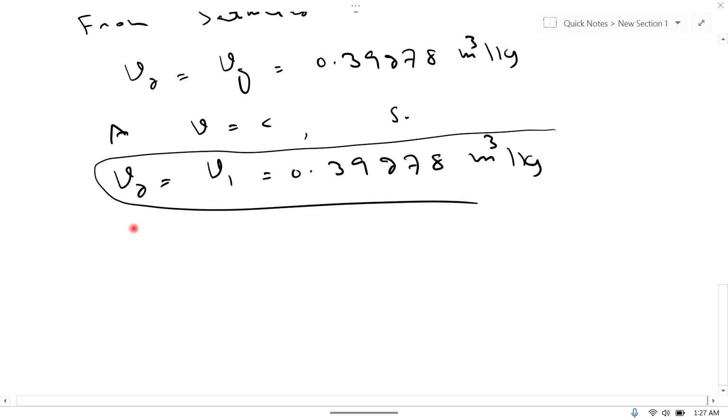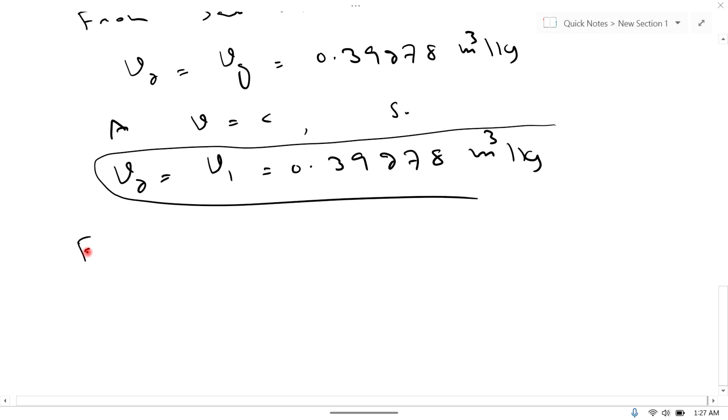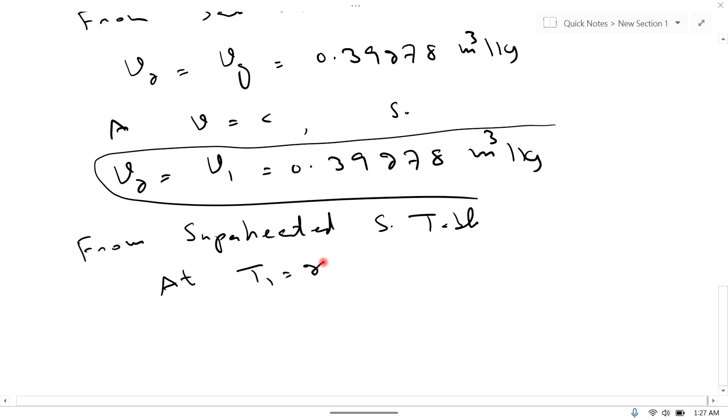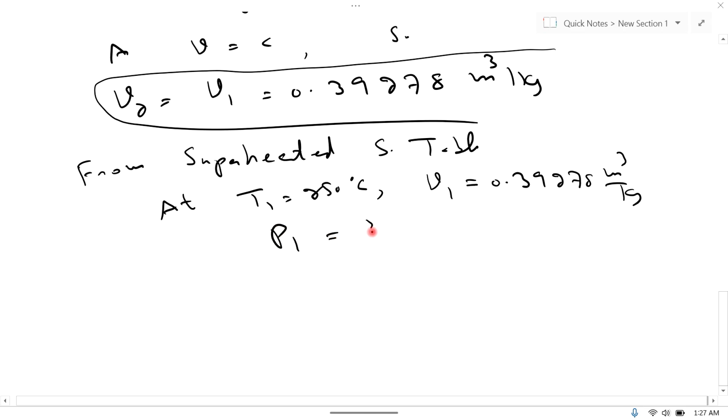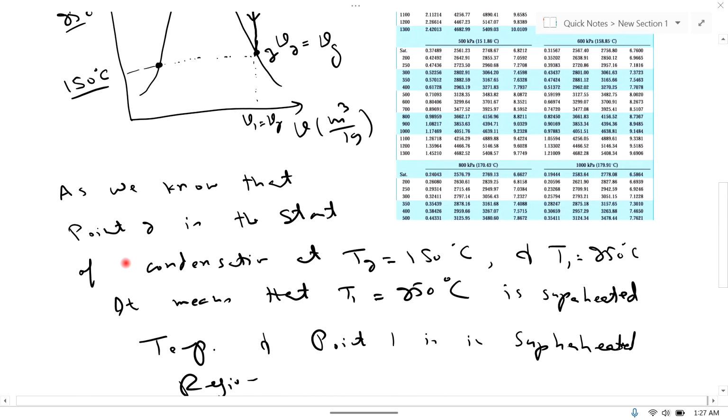Now we use the superheated steam table, at temperature T1 equal to 250 degrees centigrade and V1. Two quantities are needed to find the pressure P1 from the superheated steam table.